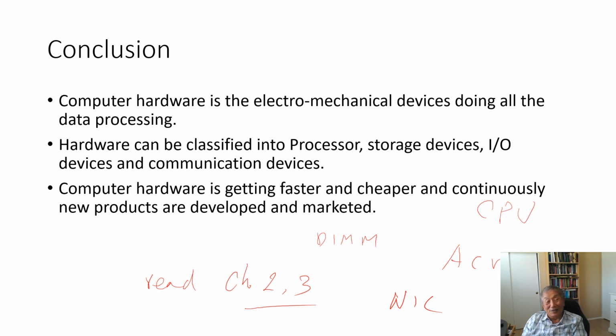And there are network cards, and I/O devices have a lot of those abbreviations. So try to familiarize yourself with those acronyms, and that will be helpful for understanding and dealing with computer tasks.